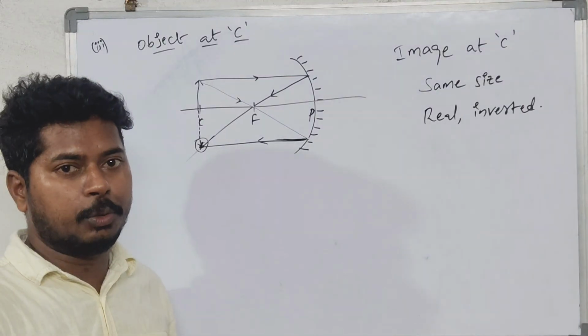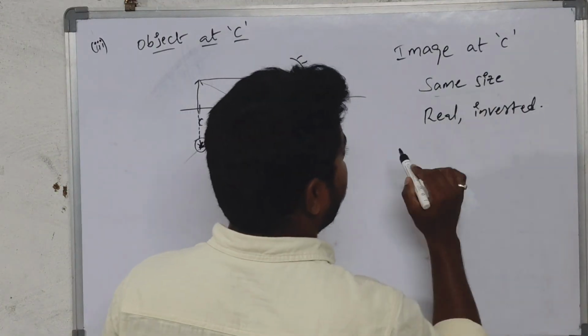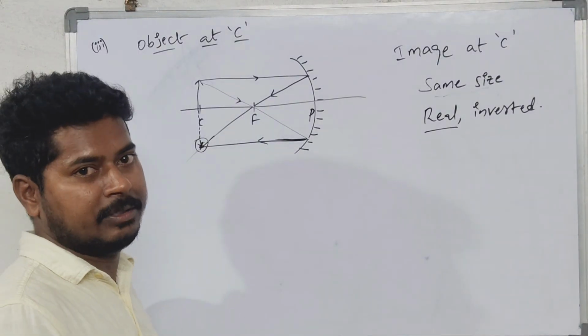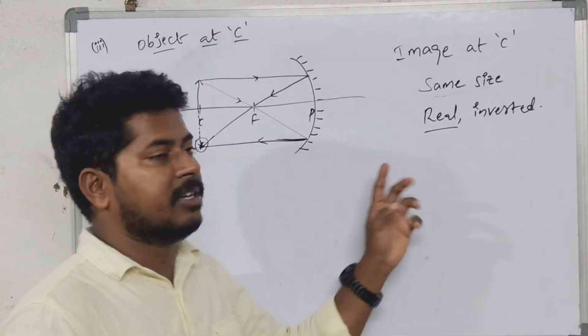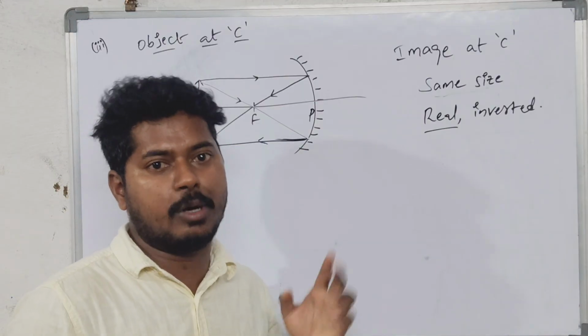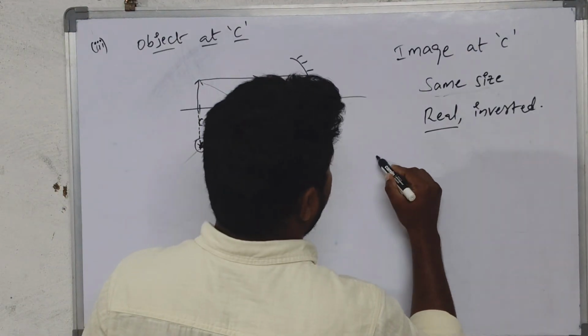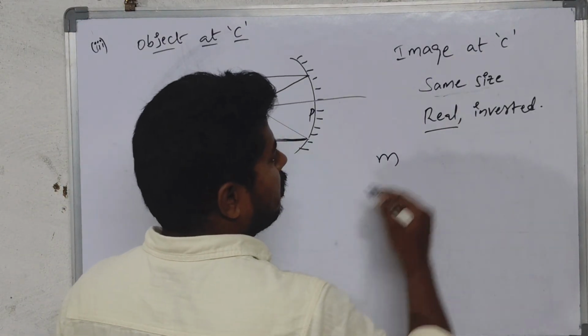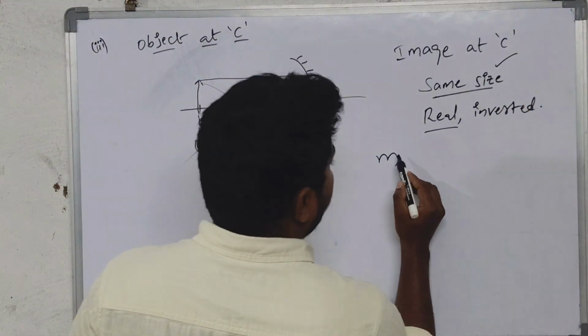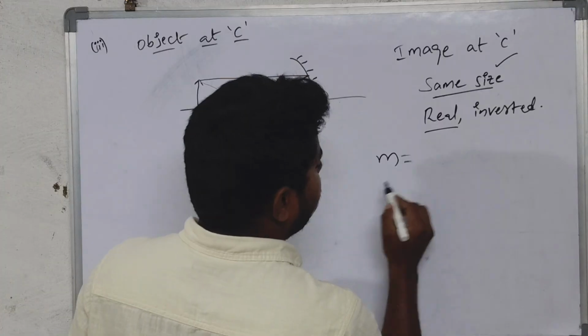Now we have to observe two things: one is the size of the image, and one more thing, whether it is a real or virtual image. For real images, magnification is negative. For virtual images, magnification is positive. So magnification M, and the size of the image is the same as the size of the object, then we can write equal.